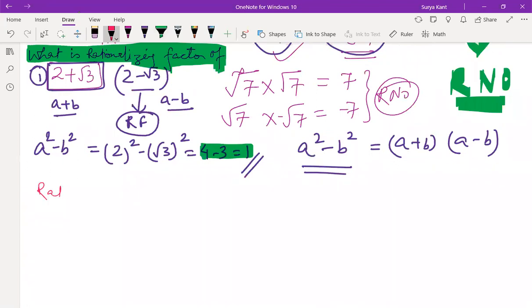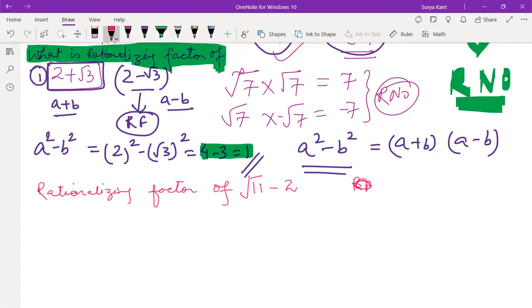What is the rationalizing factor of root 11 minus 2? What is the answer for this? What is the rationalizing factor of this?